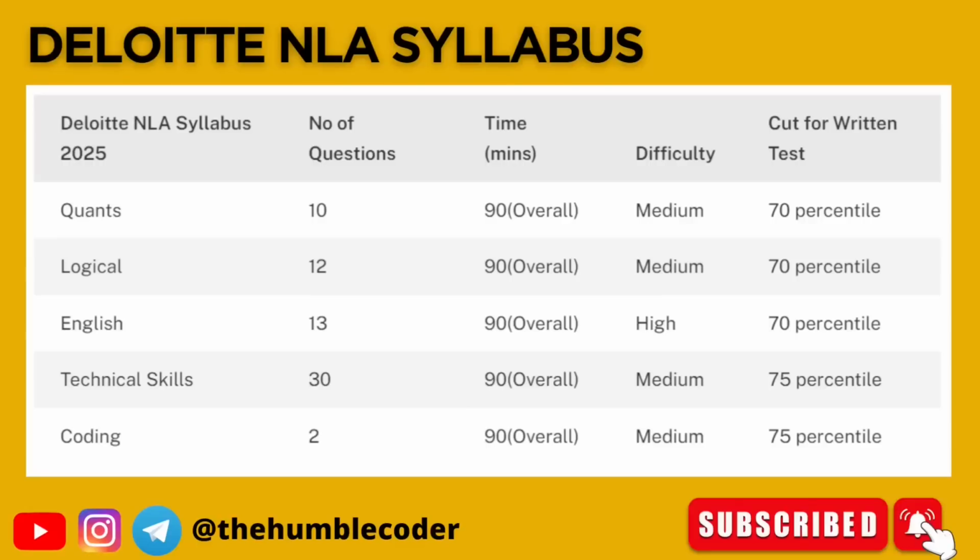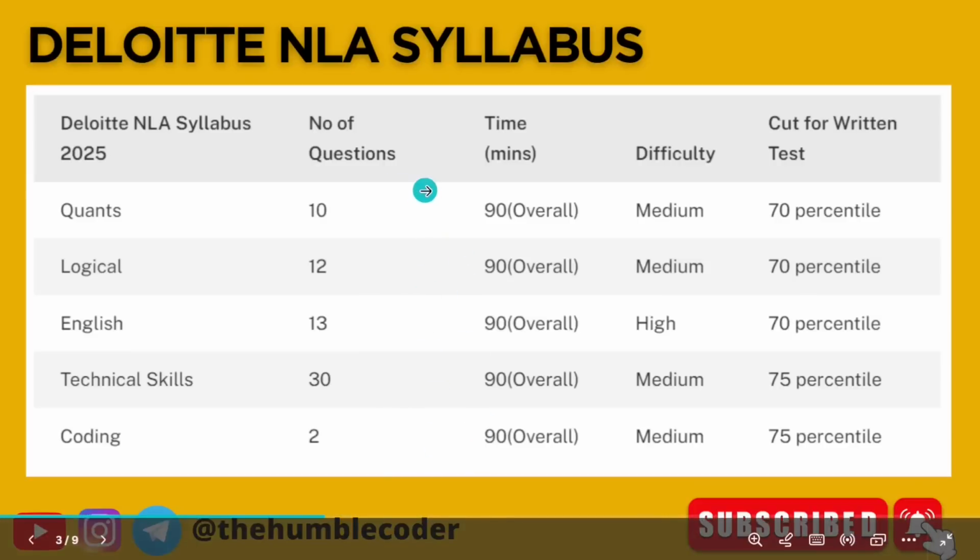So before we dive deep into solving today's questions, first let's understand the syllabus for Deloitte NLA, and then accordingly we will solve questions today, okay. So see, in the Deloitte NLA syllabus we have 5 different sections. First one is our quant section, that is quantitative aptitude. In this we will get 10 questions, and the total amount of time that you will get for the exam is 90 minutes, okay. So there is no sectional time, so you don't have to consider that.